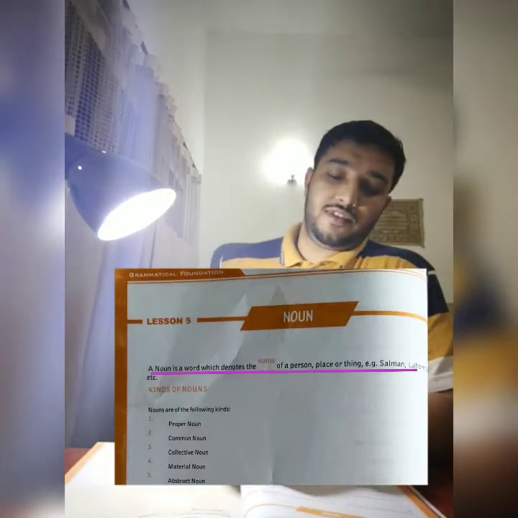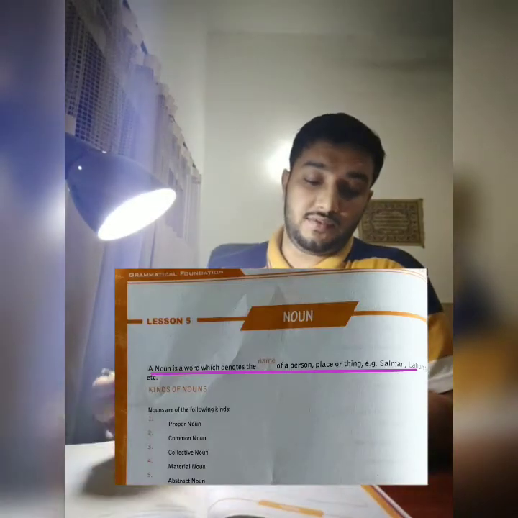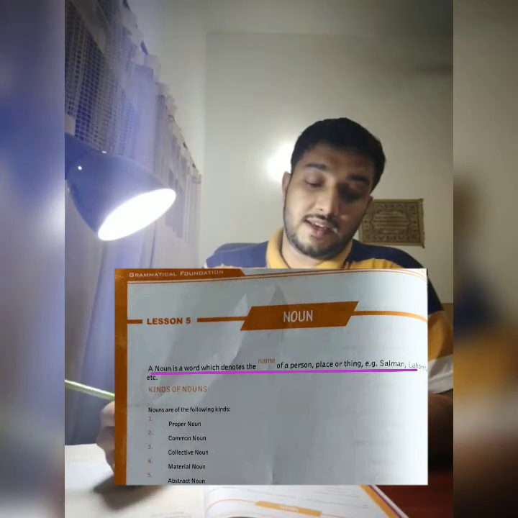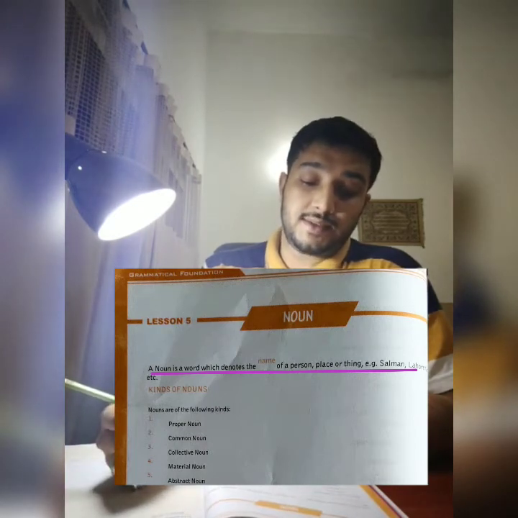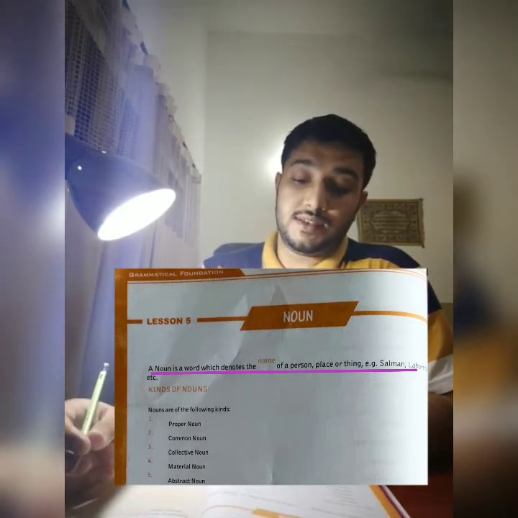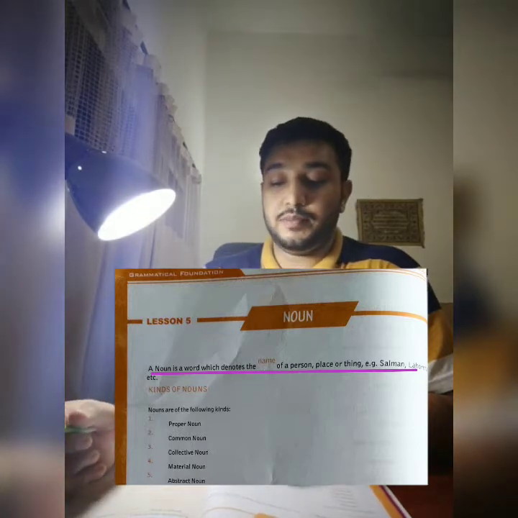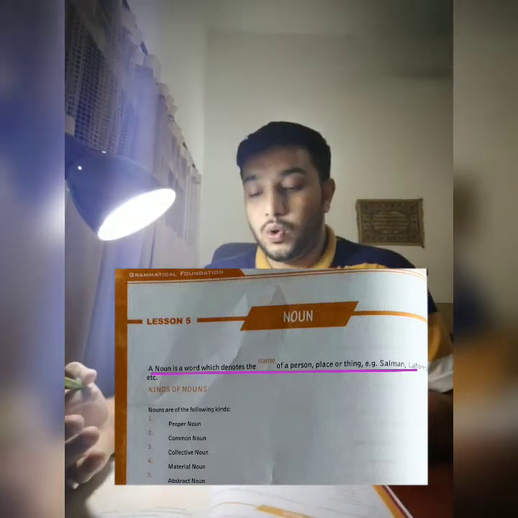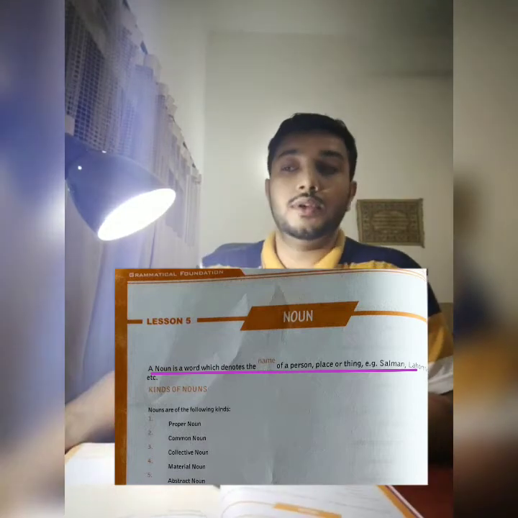You have studied in your previous classes what a noun is. When noun comes to your mind, it says like the name of a place, thing or person. So here they have given the definition of noun. A noun is a word which denotes the name of a person, place or thing. For example, Salman, Lahore, table.